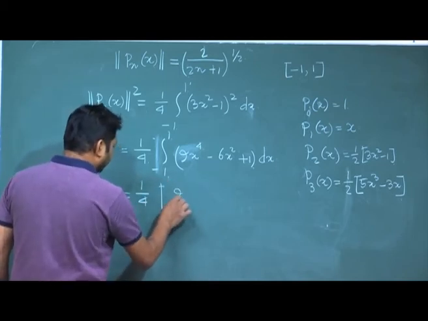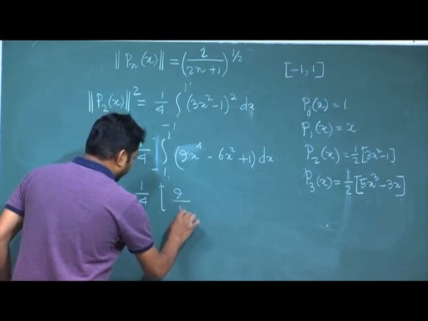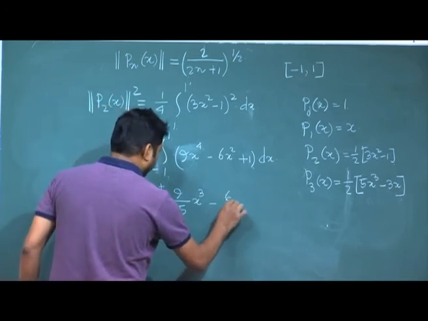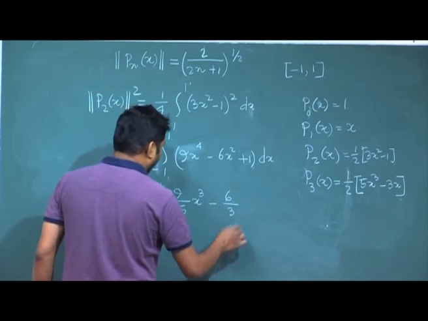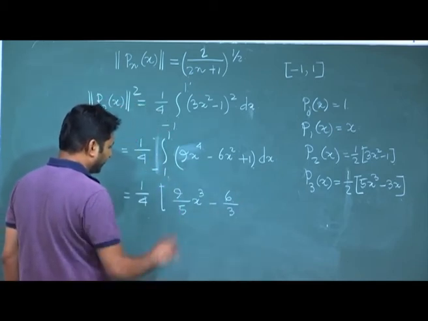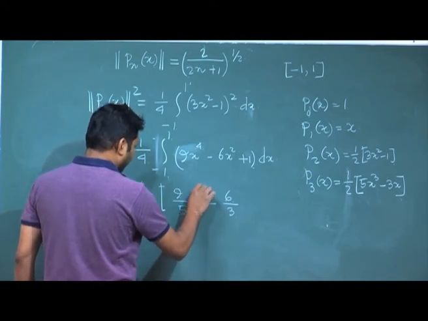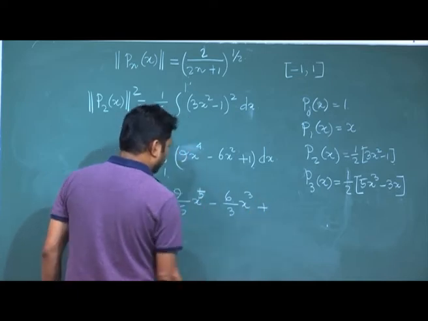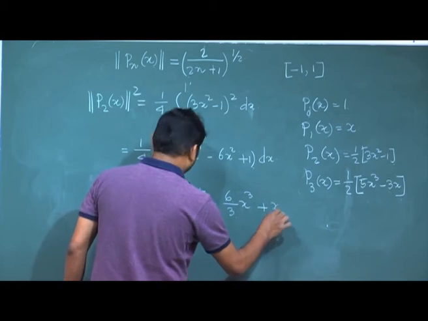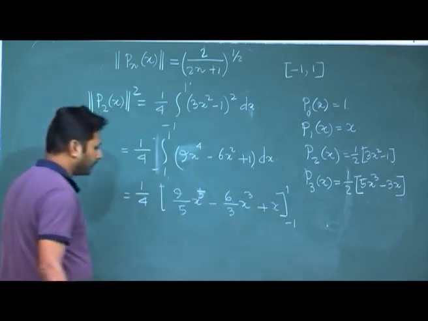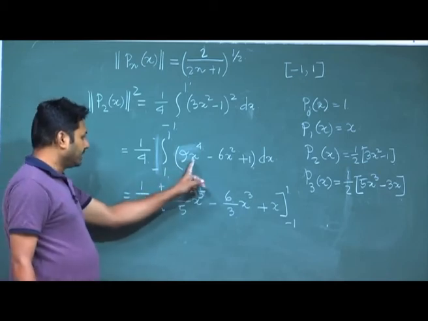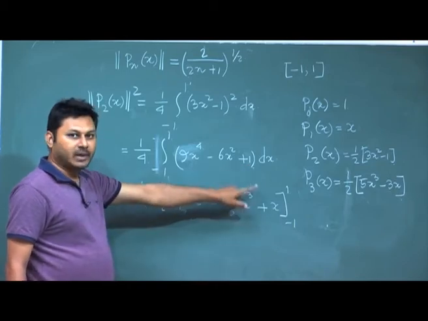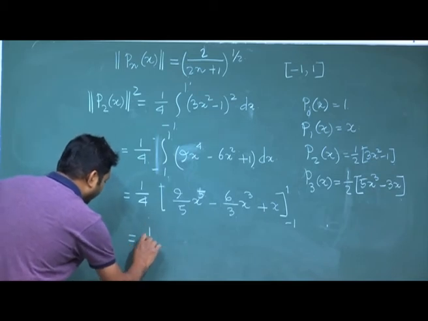So, it is 9 by 5 x to the power 5 minus 6 by 3 x cube, plus x, from minus 1 to 1, all multiplied by 1 by 4.